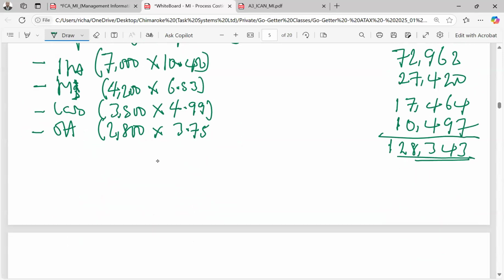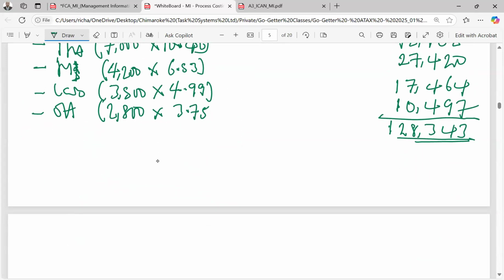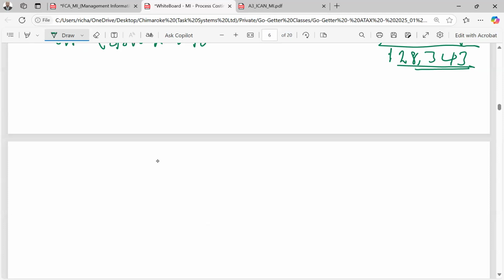All right, so let's prepare our process 2 account. How will you go about preparing it? Now we'll prepare it the normal way we did.